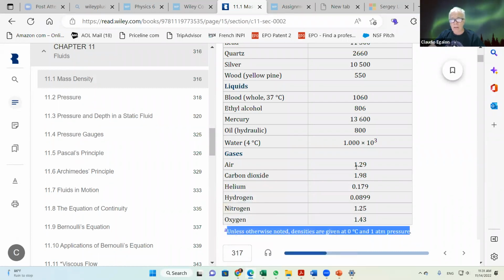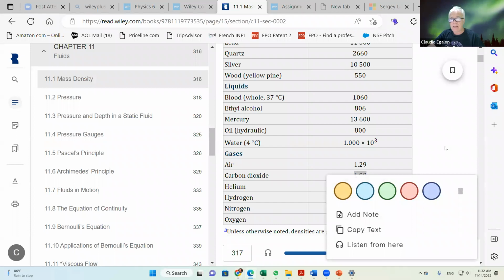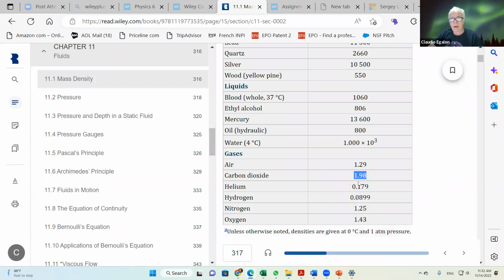The density of air is 1.29, but under those conditions, at 0 degrees C and 1 atmospheric pressure. If you are at a higher pressure and 0 degrees C, then the density of air is going to be greater. The more you compress air, the denser it becomes, okay? Carbon dioxide is approximately 2. But if you increase the pressure of carbon dioxide, it's going to be more than that, and so on.